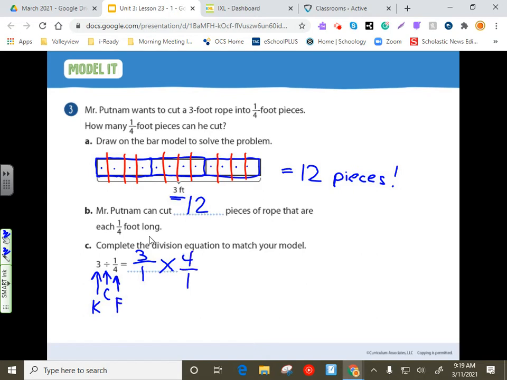We'll turn it into 4/1. And this gives us 3 times 4 over 1 times 1, which gives us 12/1, or we can just say 12. So mathematically, we took 3 feet of rope, we divided it into 1/4 pieces, and that's how we do it mathematically.